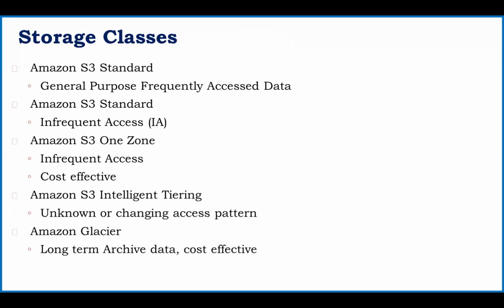Amazon S3 Standard-IA is for data that is accessed infrequently. Then we have Amazon S3 One Zone, also for infrequent access, where you access data after a certain interval of time. That is also why it is cost effective, as there is less processing required. Then we have S3 Intelligent-Tiering and Amazon S3 Glacier.